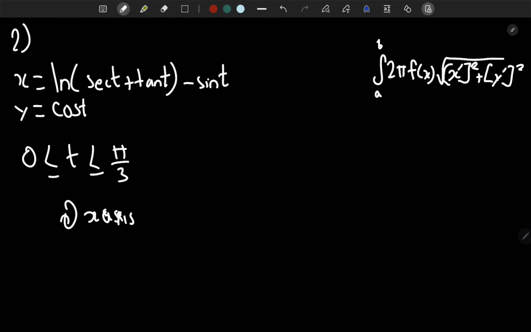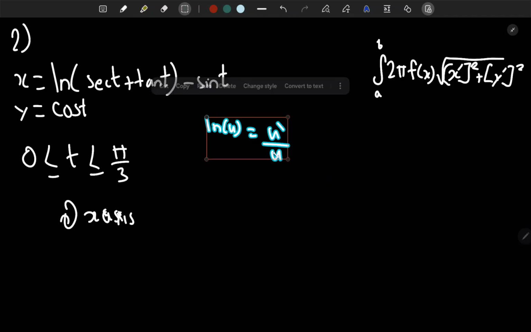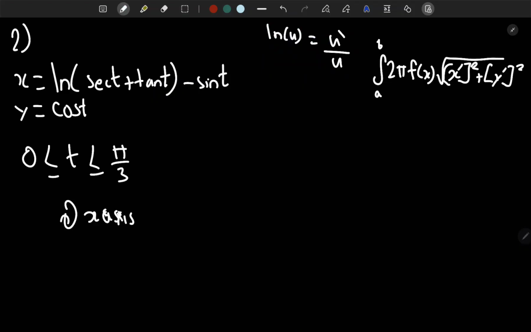So first step again is to find the x prime. So how would you differentiate ln minus sine t? The derivative of ln of u is simply u prime over u. That's it. So here, let me just minimize this and keep this on the side. What is the derivative of secant t?